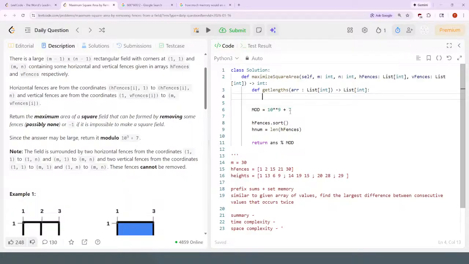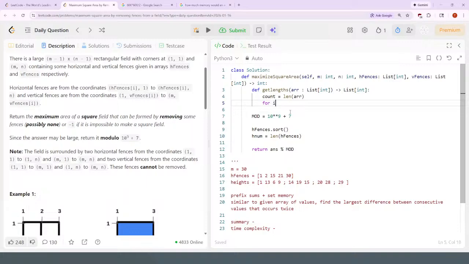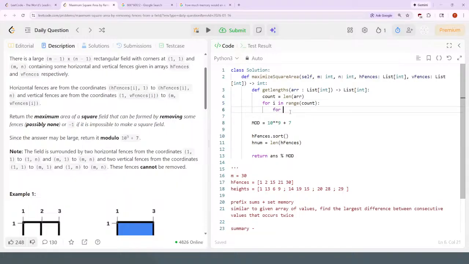Let's say the count is equal to the length of this array, for every index i in range of the count, for every index... okay, no, say j and k here. I don't like using i and j just because they look so similar.